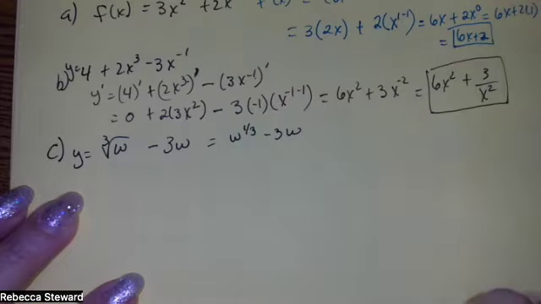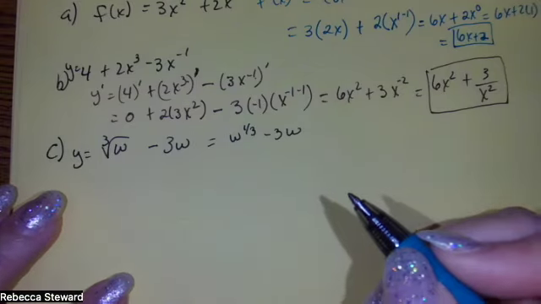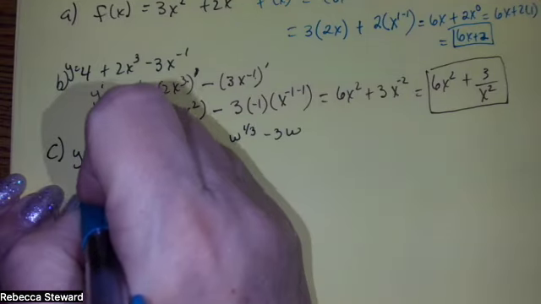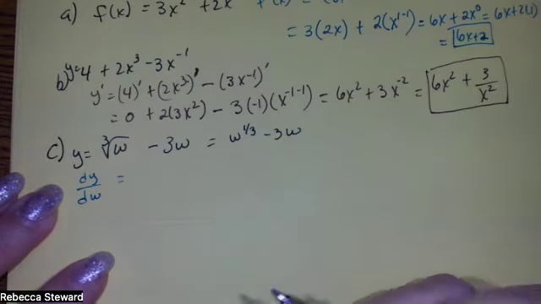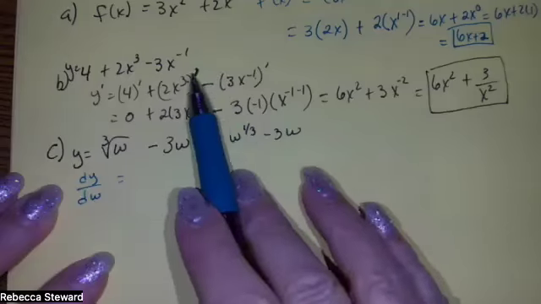All right, so let's look at our dy dw, because again, we're doing it with respect to w, is going to equal, and we can write this anyway. We've done the little prime things.